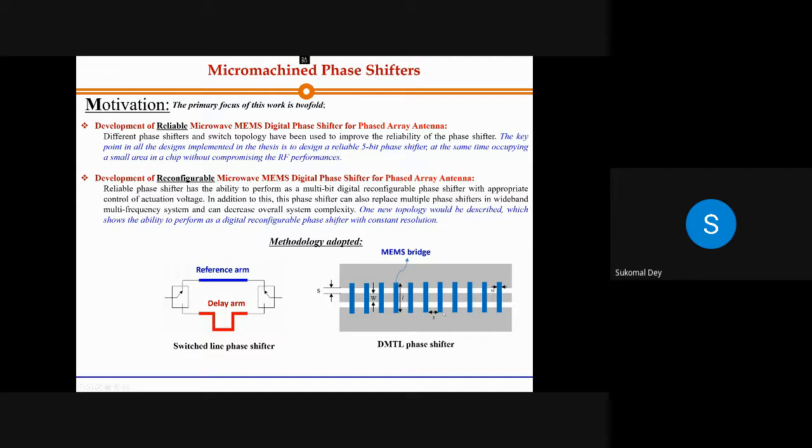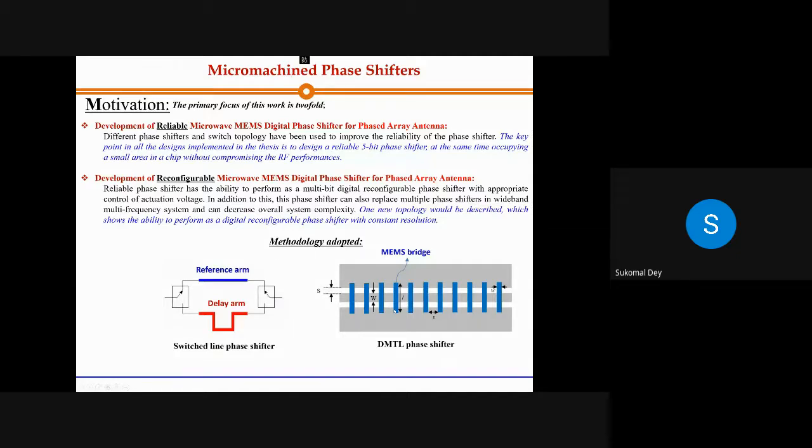Whenever you load a bridge on top of the signal line, creating a capacitance between the signal line and this blue line, and you load it with a lot of capacitance, what are you doing? Your 70 ohm impedance comes down to, say for example, 55 ohm. Once you have loaded the line with lots of varactors, lots of these MEMS bridges, you then start actuating the bridges.